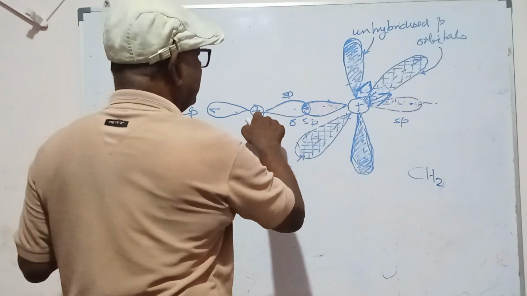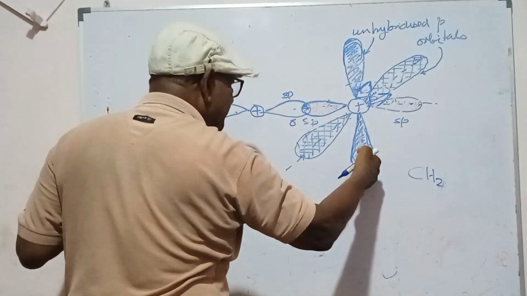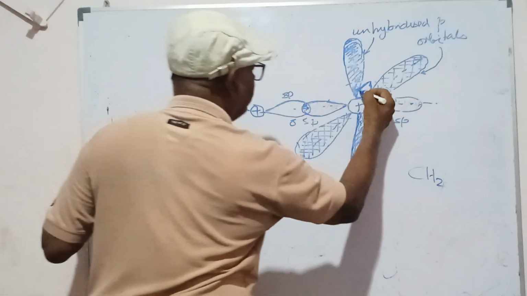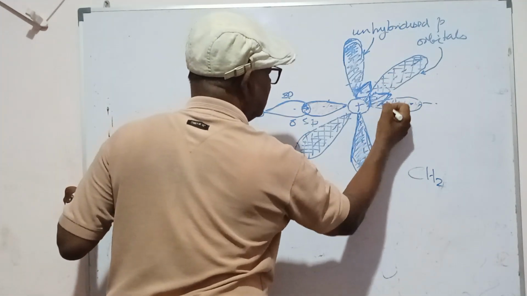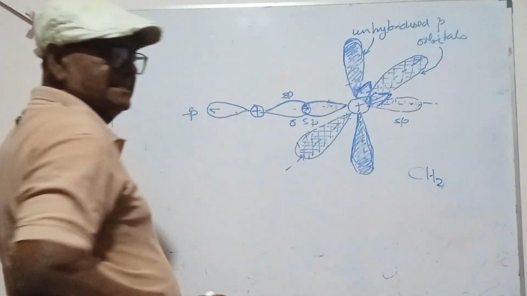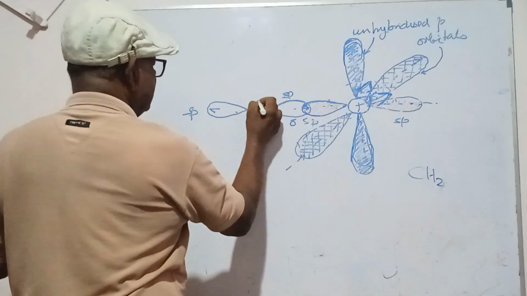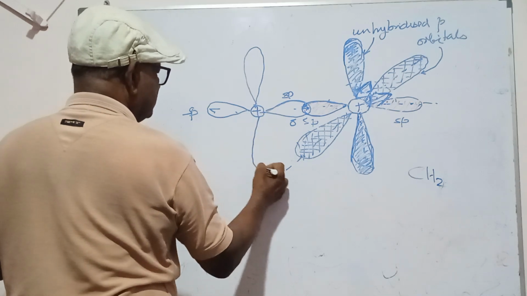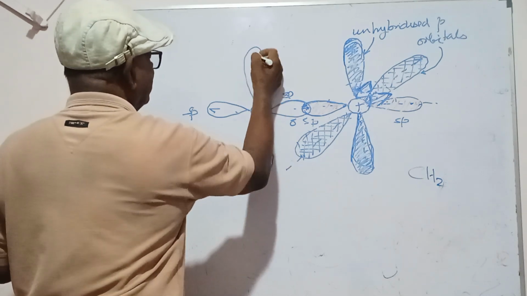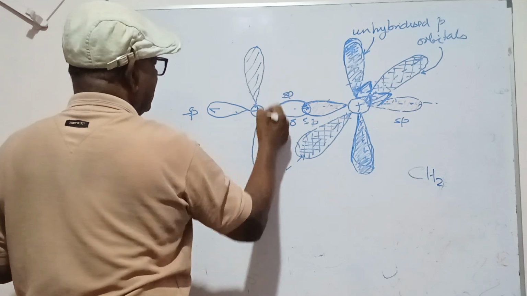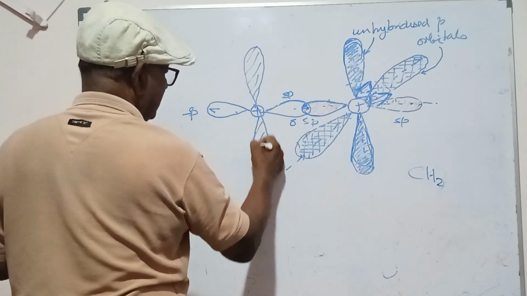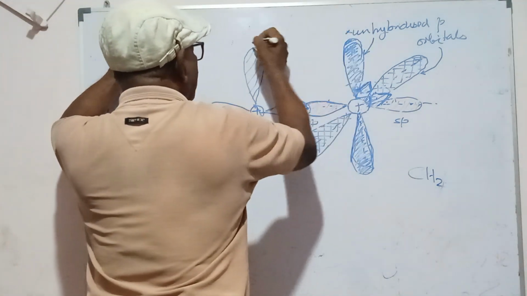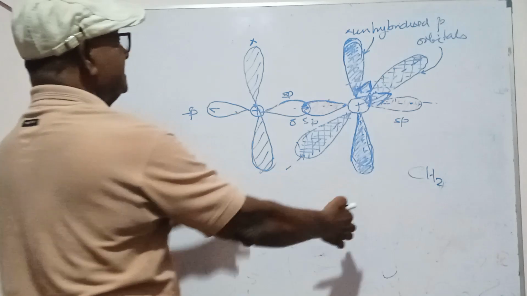Then this one also has unhybridized 2p orbitals, which are perpendicular to each other. Then see here, this is the one sp unhybridized p orbital. It becomes parallel to this one. These two are parallel to each other.